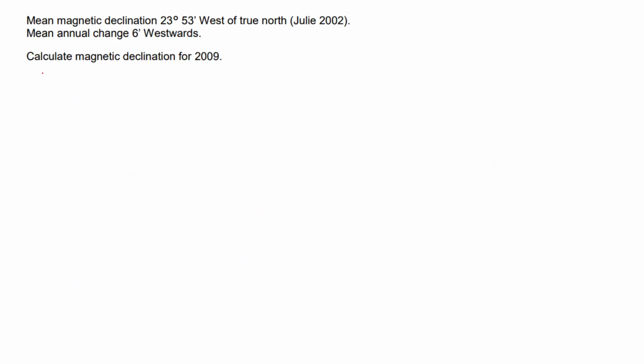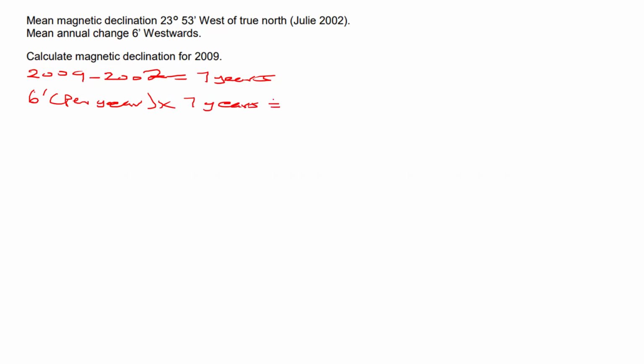Remember, for the first step, we said 2009 minus 2002, and we got 7 years. Then we said the total distance that magnetic north has moved was 6 minutes per year, multiplied by 7 years, and we got 42 minutes westward.